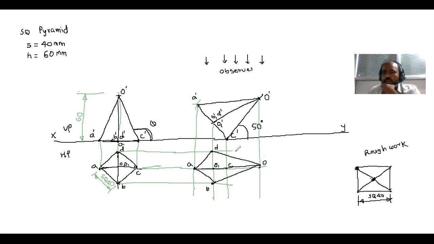Now after that, remaining lines. So which are the remaining lines? Now in the square pyramid, there are 2n number of lines. 2n means 2 into 4, because it is a square. Square pyramid. So total 8 lines are there. Which are those 8 lines? Like O to A, O to B, O to C, O to D. 4 lines. And then A to B, B to C, C to D, and D to A. These are the 4 lines.